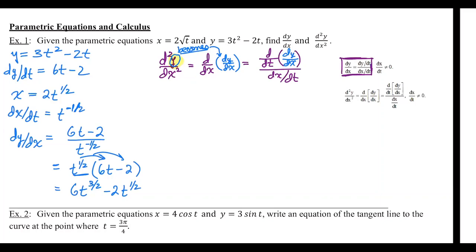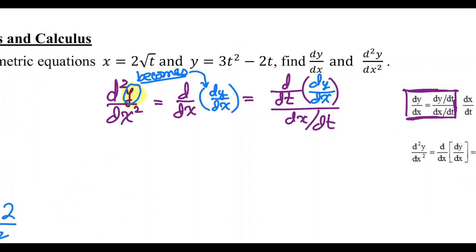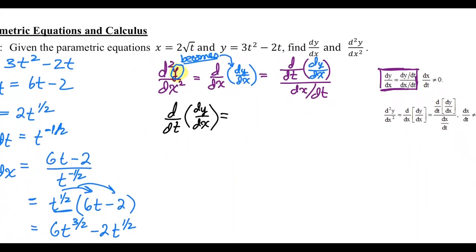So what that's telling me is that I need two ingredients. I need a derivative with respect to t of dy/dx. So that's part of it. So that's my 6t to the 3/2 minus 2t to the 1/2. Sorry, notation.